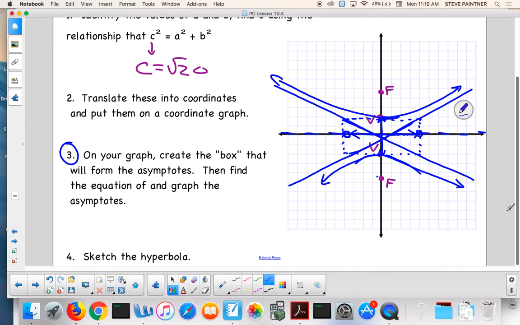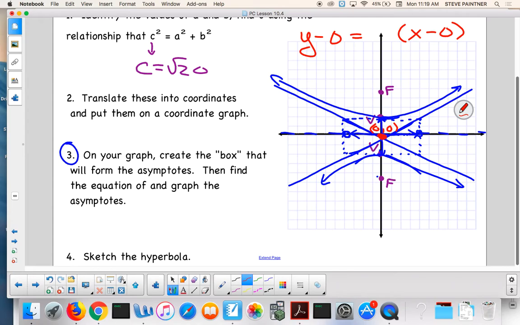Okay? I think I'm going to just show you the work behind this, and then after that, guys, I think you can kind of take off from there. If you want the equation for the asymptotes, always use the center of the box. That point is 0, 0. Since it's 0, 0, this will be really pretty easy for you. Using point slope form, it's going to be y minus 0 equals slope times x minus 0. But what's the slope?